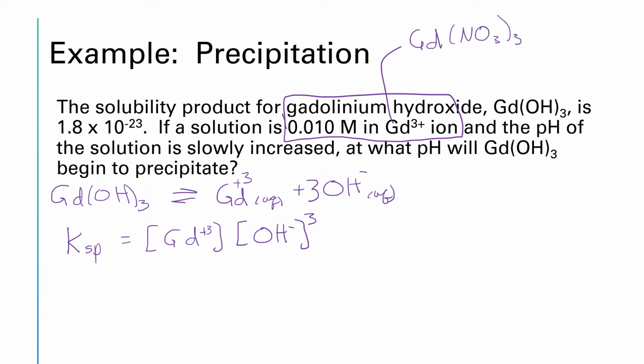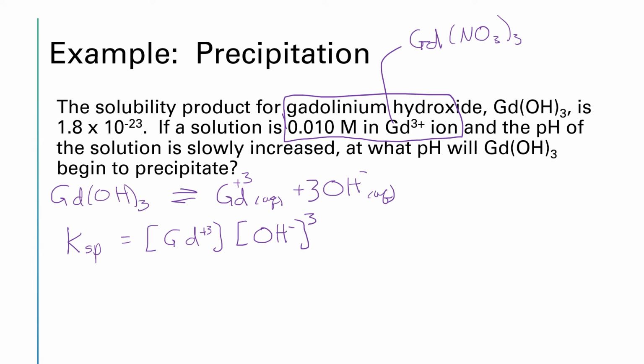Nitrate tends to be the ion of choice when we're trying to get a soluble metal or a soluble compound of a metal. And then if the pH is slowly increased, that means we're adding hydroxide. So the hydroxide ion is coming from somewhere else.